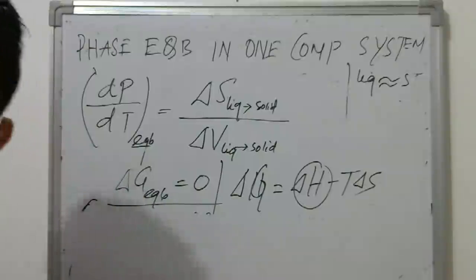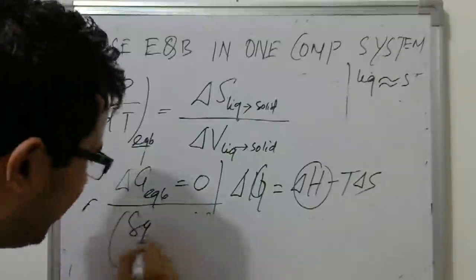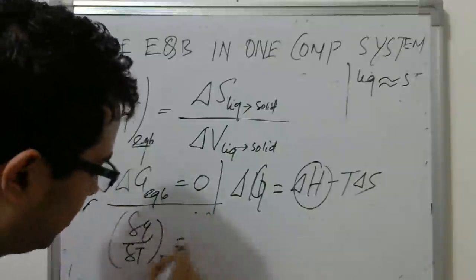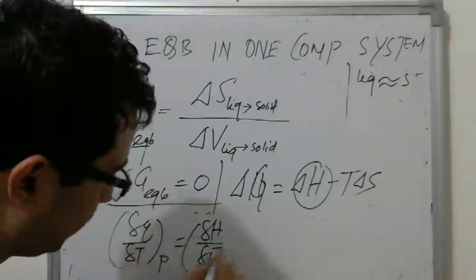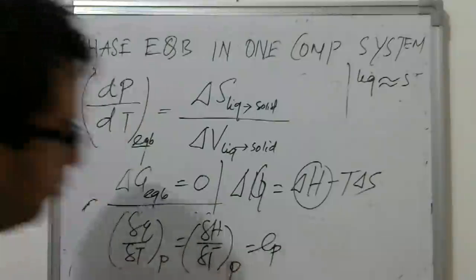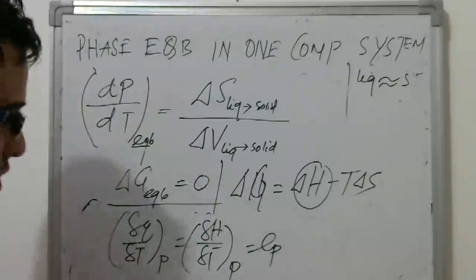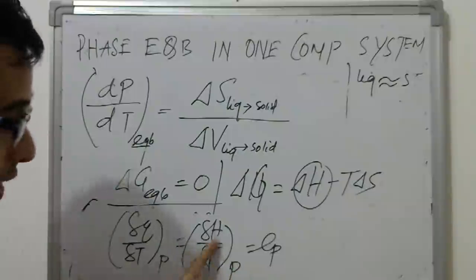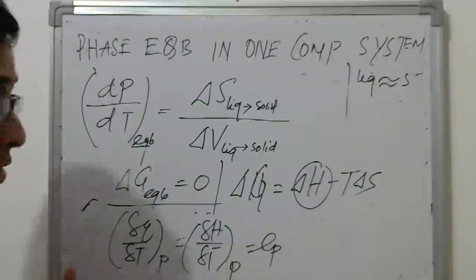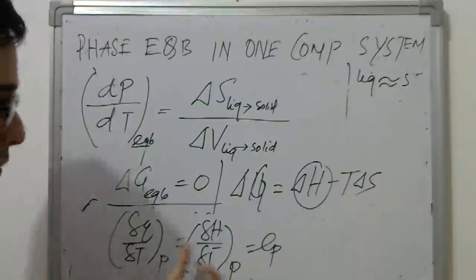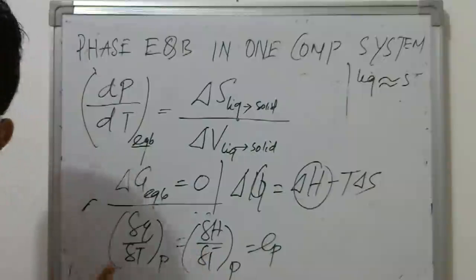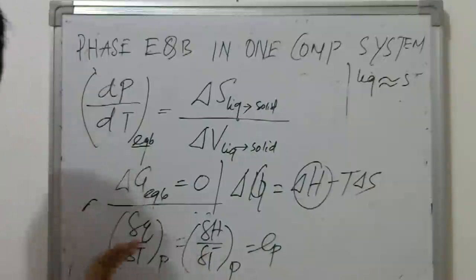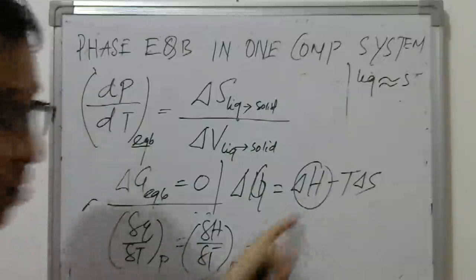The change in heat, dQ/dT at constant pressure, is dH/dT, which is Cp. So the heat energy change in the system with respect to temperature can be given by enthalpy. Enthalpy change is basically the heat evolved or given at constant pressure. So I can deal with the concept of enthalpy, and I will write in terms of enthalpy.